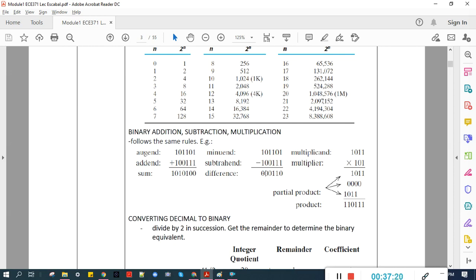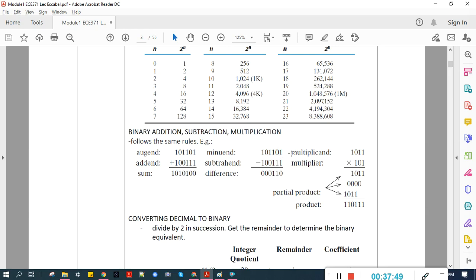Subtraction. Well, subtraction is easy if the minuend or the upper number where we are going to subtract is bigger compared to the subtrahend. Just like in this case, 101101 is a bigger number compared to 100111.